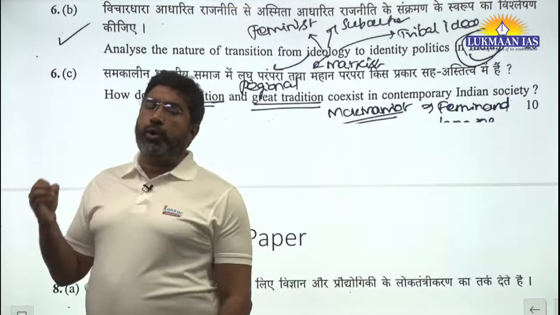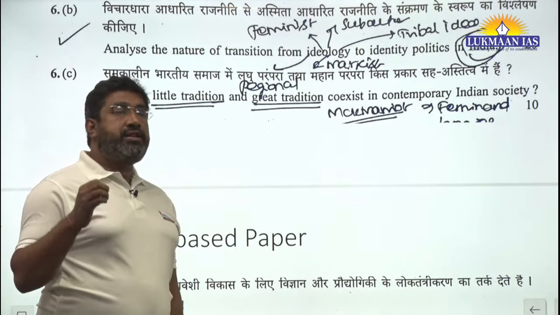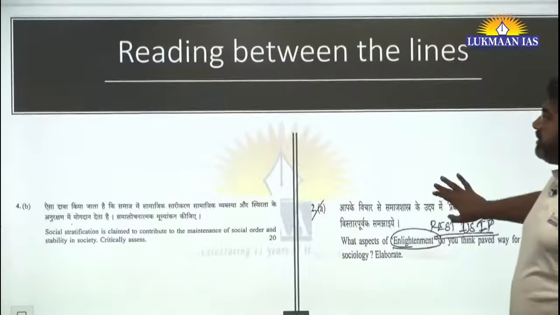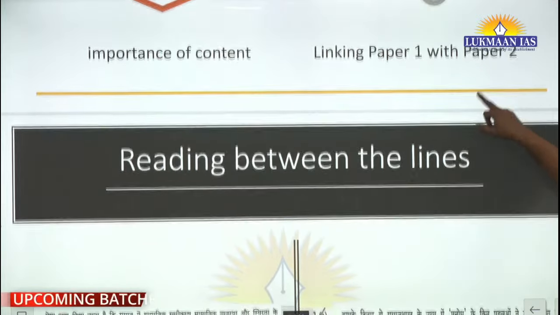Based on this, how briefly you are able to present your content in answer writing, that part we will take separately.